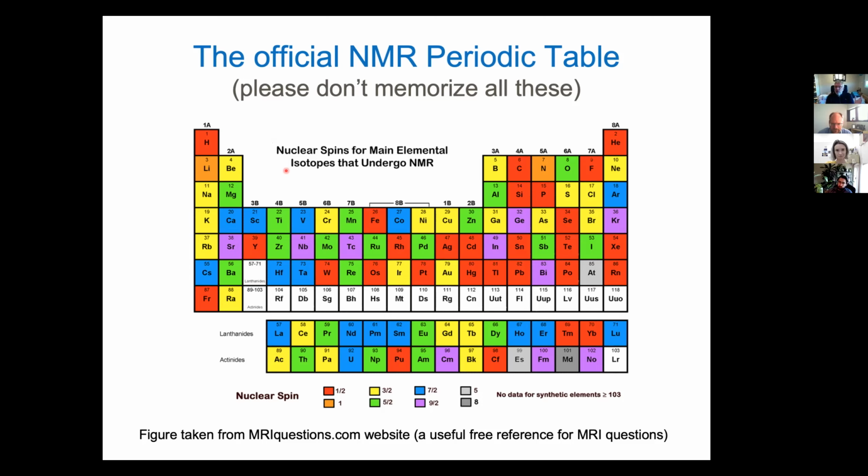Now, the important ones to us are going to be the ones that are red in this table, because they're the ones that have a nuclear spin of 1/2 or minus 1/2. All the other ones are 1, 3/2, 5/2, 7/2, 9/2, 5, 8. So there's all kinds of numbers. But the ones that have the most useful NMR properties are the ones that have a spin of 1/2.